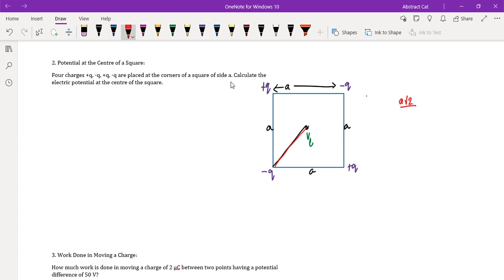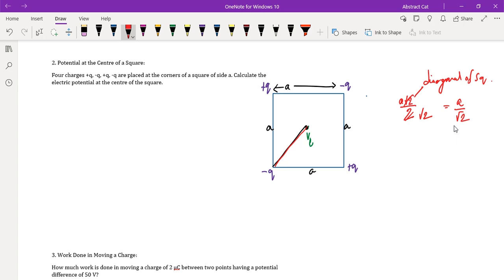That's the half of the diagonal of the square. So 2 cancels, and the answer is A root 2 by 2, which is A by root 2.